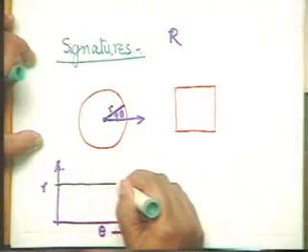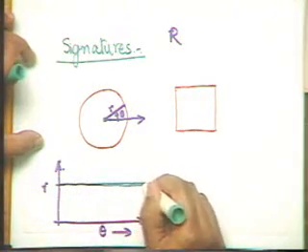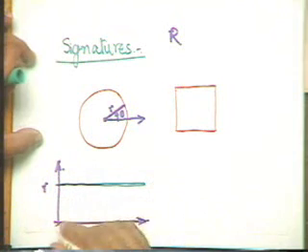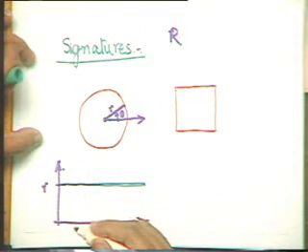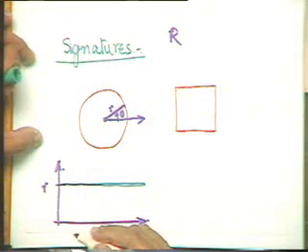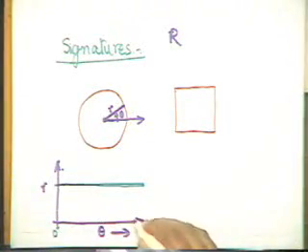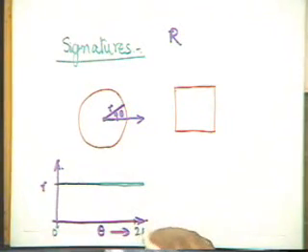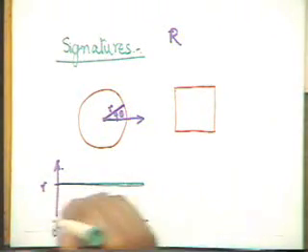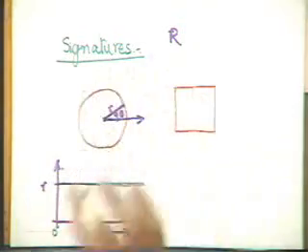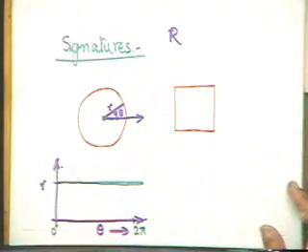So we will be getting a signature of this nature, where basically it is a plot of distance versus angle, in which we get a straight line for a circle. This is the starting position, that is 0 degree, and this one is the angle 2 pi. So between 0 to 2 pi it is an absolute straight line if it is a perfect circle.